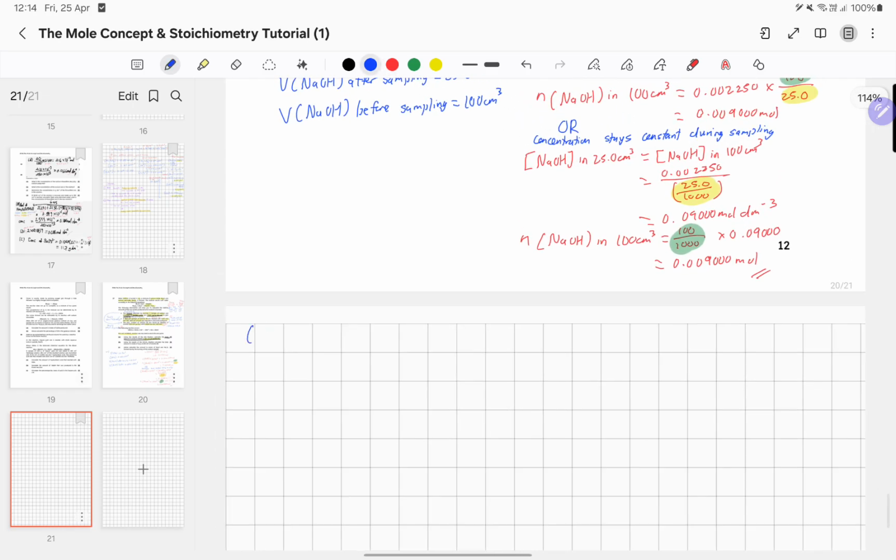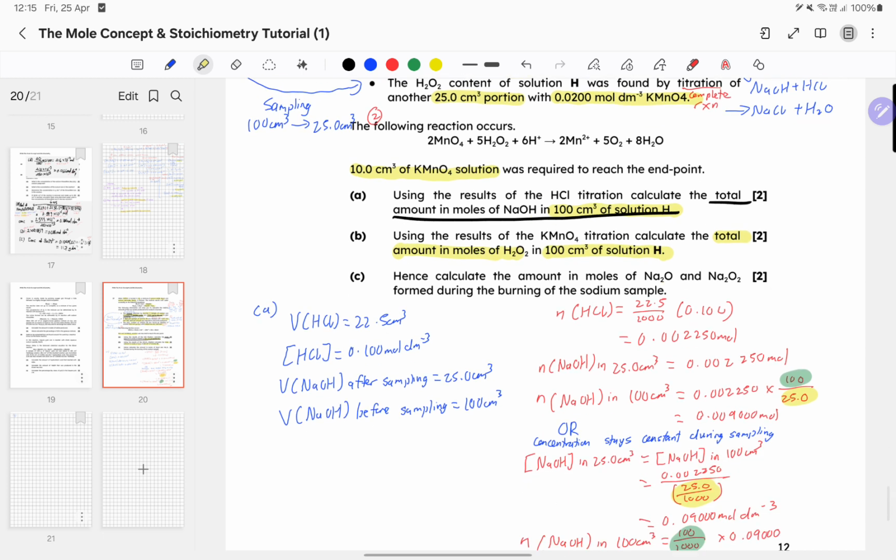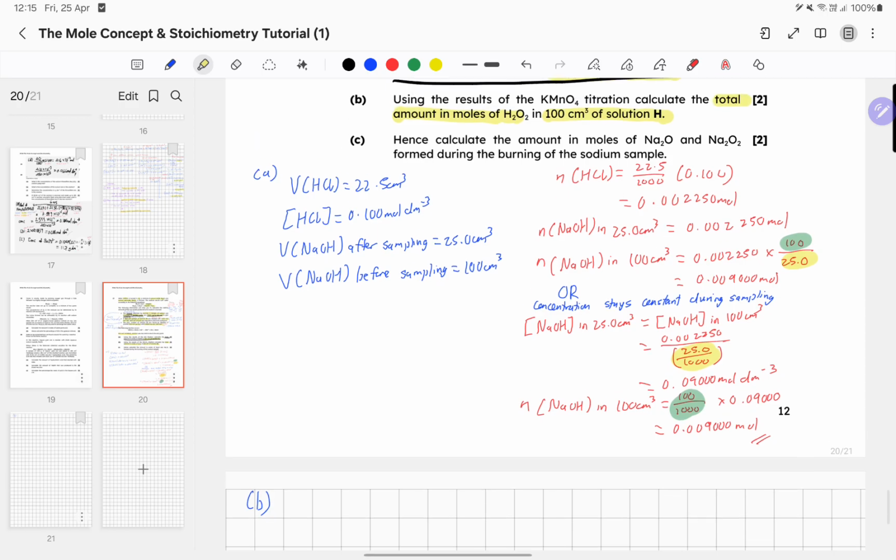So for the next part B, calculate the number of moles of H2O2 in 100 cm3. So we also need to take note of sampling again.